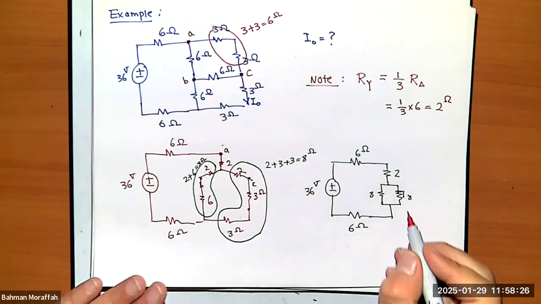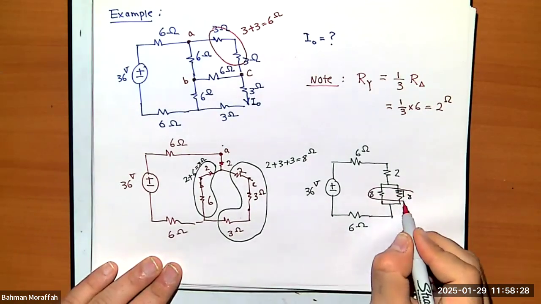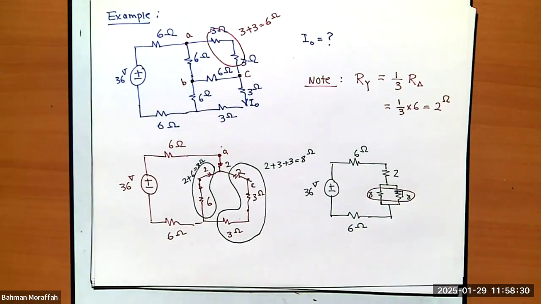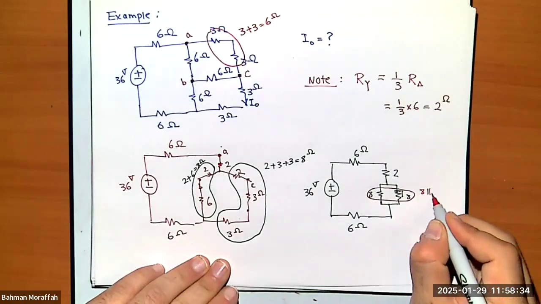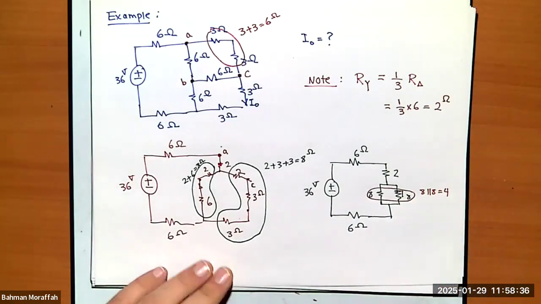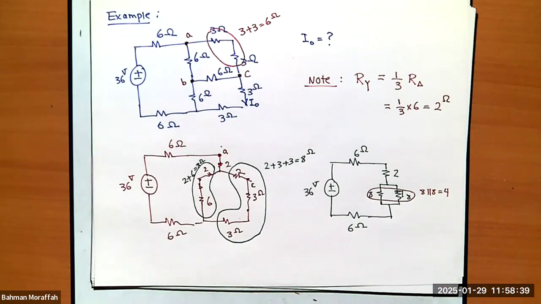Do you agree these two are in parallel? So I can replace it by the equivalent one, right? 8 and 8, they're exactly the same, so the equivalent is half, right?